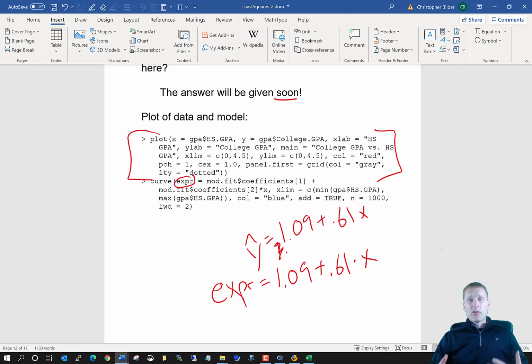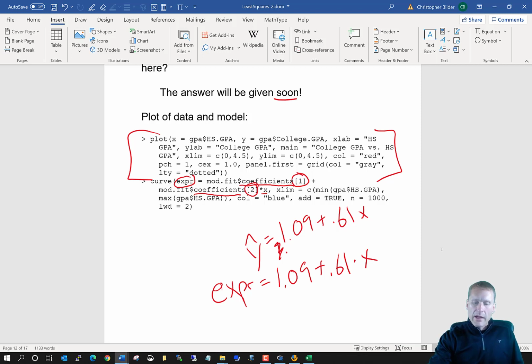A little bit more general way to do it is to remember that this coefficients component of mod.fit actually contains beta hat 0. The first component does. So how about I say, let's extract out that first component, plus, well, what's the slope? Well, remember, it's in coefficients. It's the second component, take it times x.